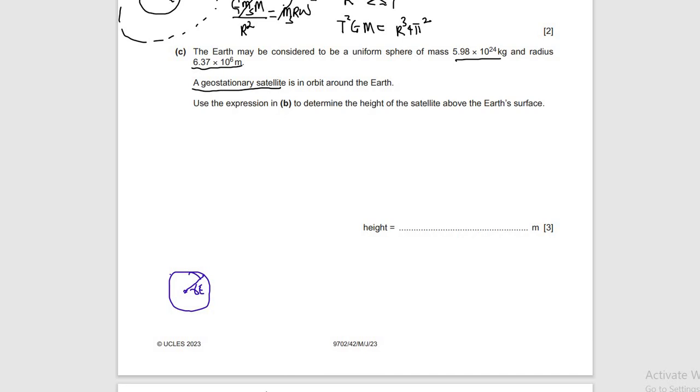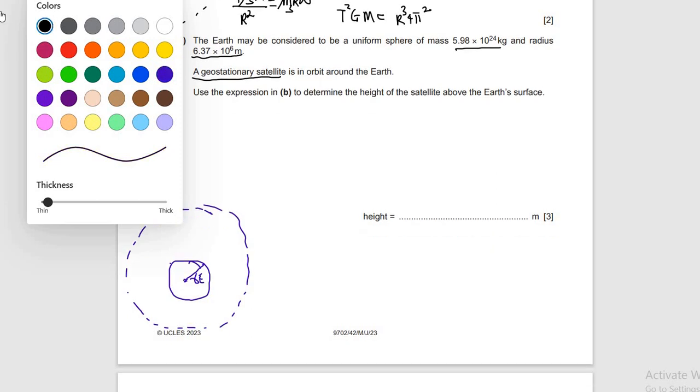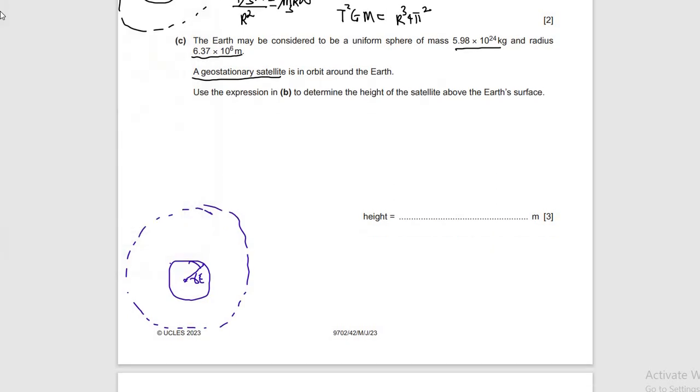Now, there's a satellite orbiting the Earth. The distance between that satellite and the Earth is big R.